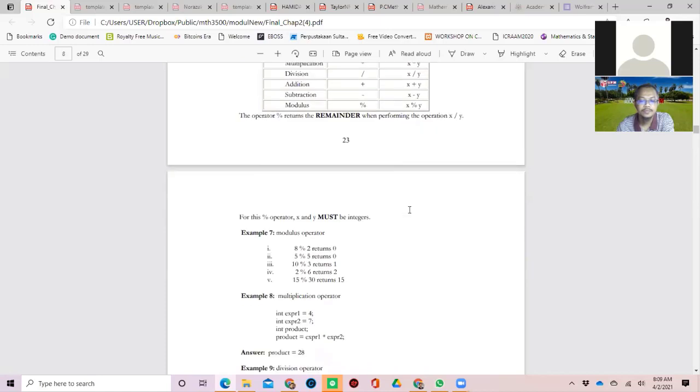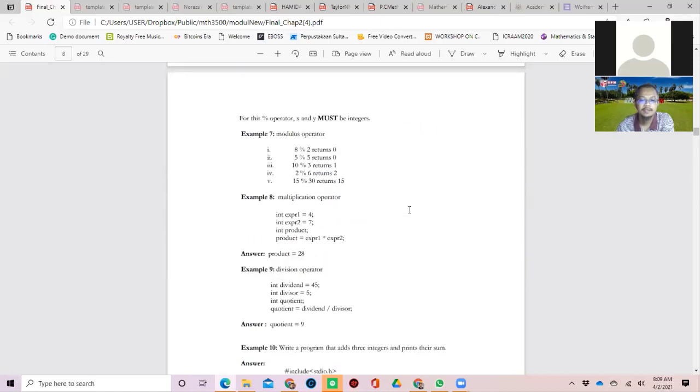If we have 8 modulus 2, 8 divided by 2, the remainder is 0. 5 modulus 5 returns 0. 10 modulus 3 returns 1: 3 times 3 is 9, and 9 and 10 differ by 1, so the remainder is 1.